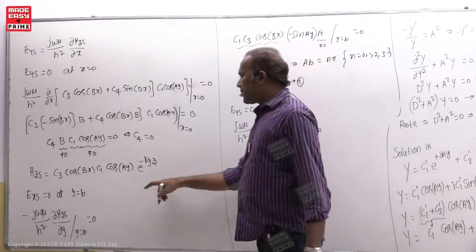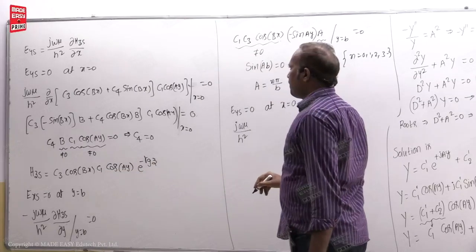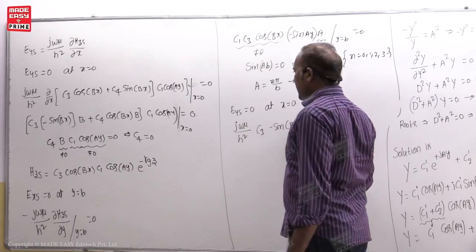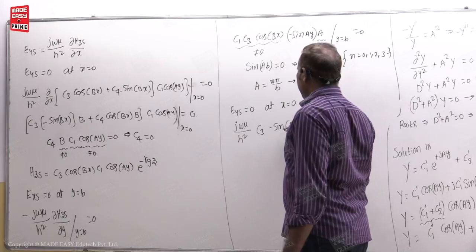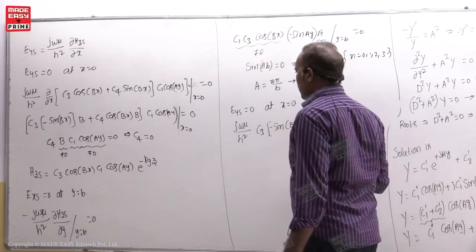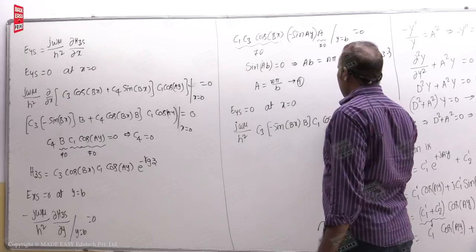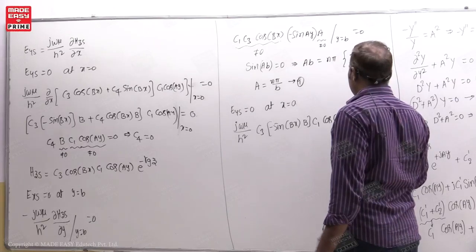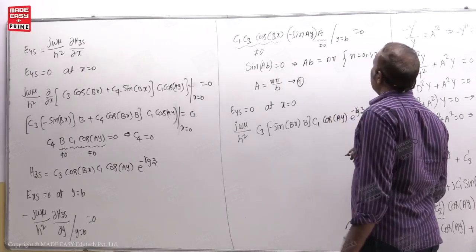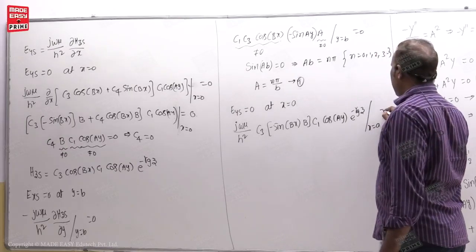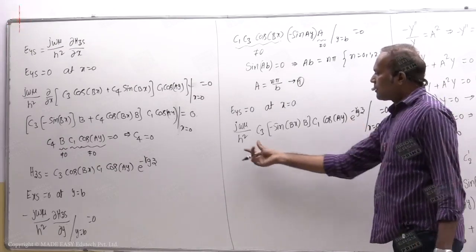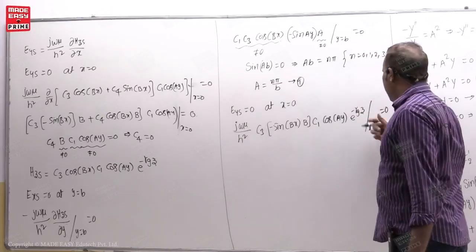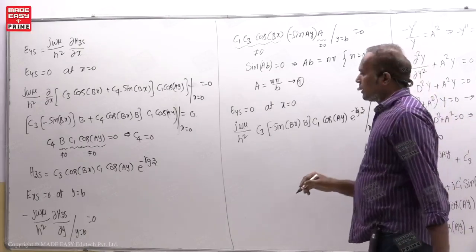So ∂/∂x of that means C3 minus sin bx into b, next C1 cos of ay, and e^(−γz), at x equal to a is 0. Now here I put this also. I was telling you every time, this side will become 0, I was saying, no problem.